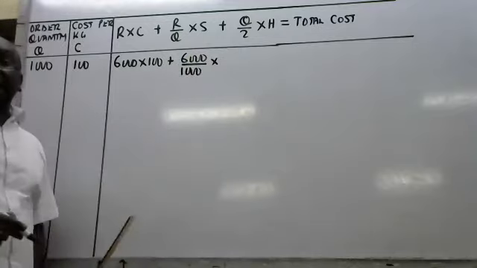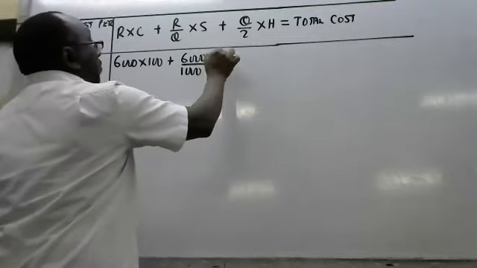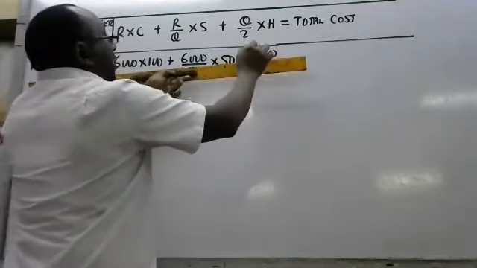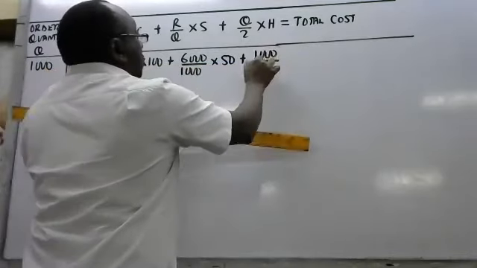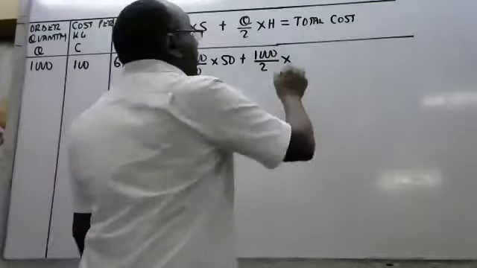Multiplied by S. S, we had agreed it is what? 50. Plus 1,000. You divide by 2. Multiplied by H. H we had gotten is what? 40.